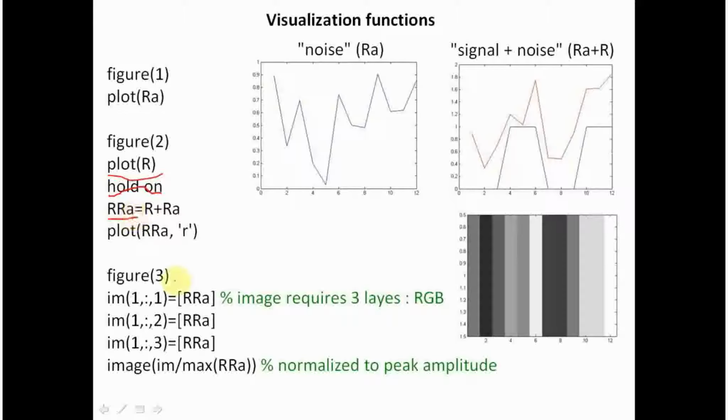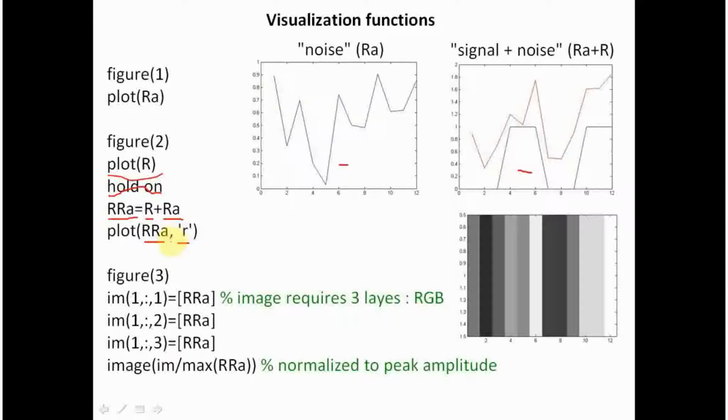But before, you create a variable RRA, which is a sum of R and RA. Basically this is what we model as non-random, and this is random. Non-random, random. You put it together and you get a mixture of noise and data, and you plot it with some additional information, some additional arguments.